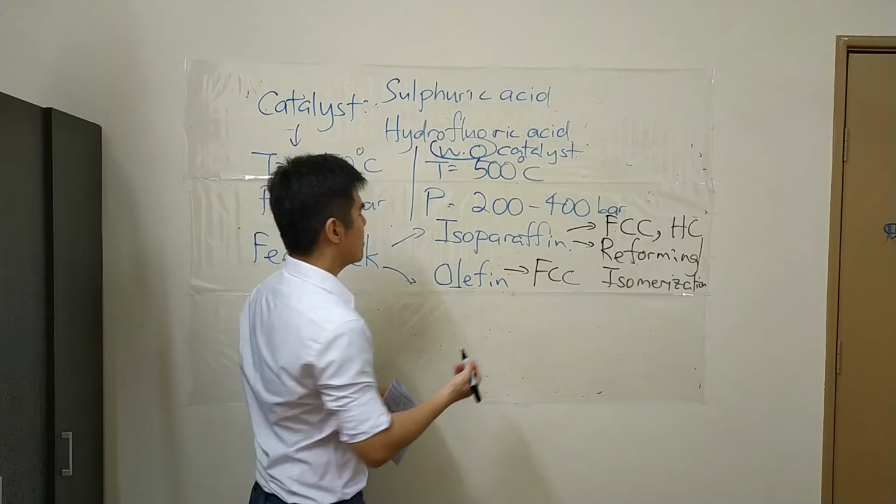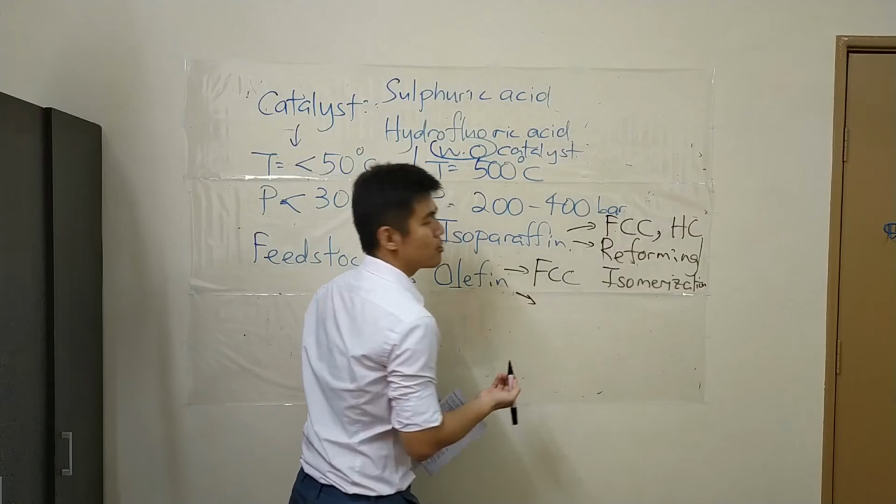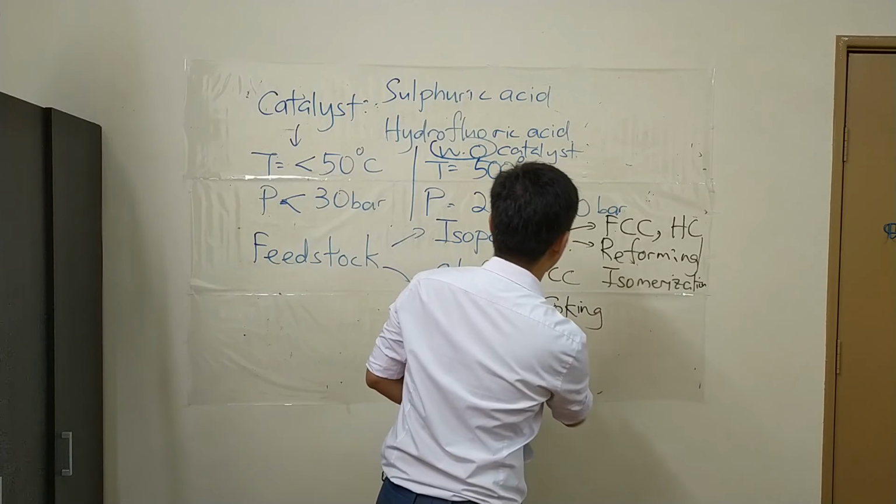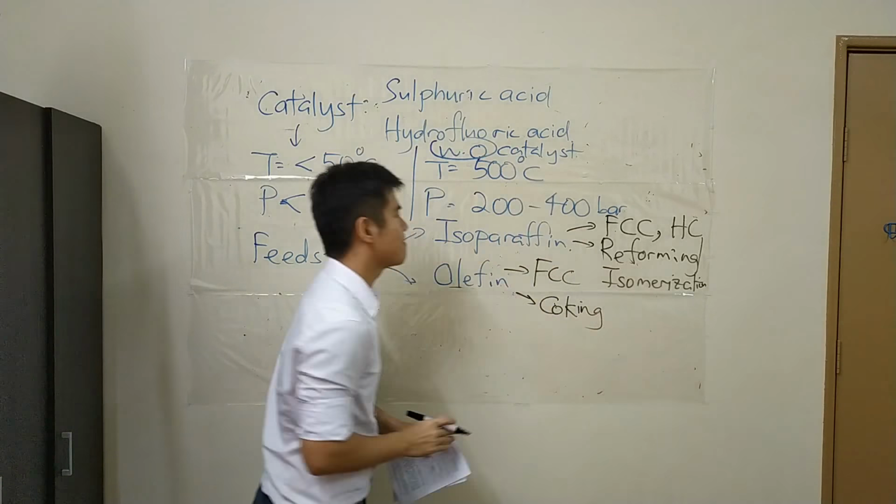At the same time, olefins are also contributed by another source, the coking process. Last but not least, some of us obtain olefins through dehydrogenation of paraffin.